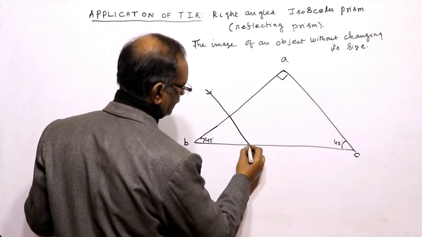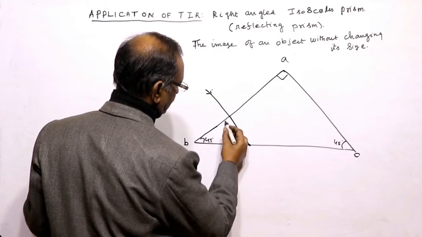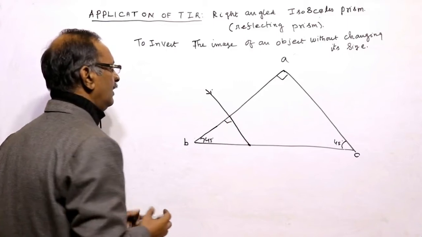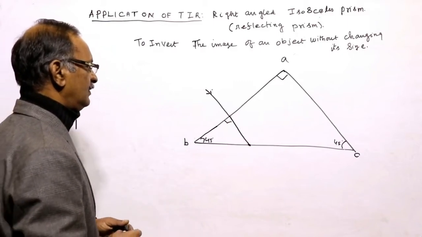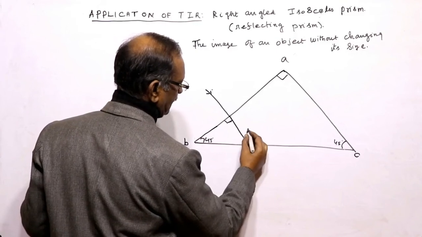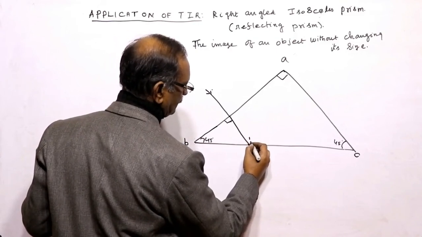When it is falling here, this is 45 and this is 90. Obviously this will be 45 because the sum of all the angles of a triangle is equal to 180. So this is 90, this will be 45, and we draw a normal here.